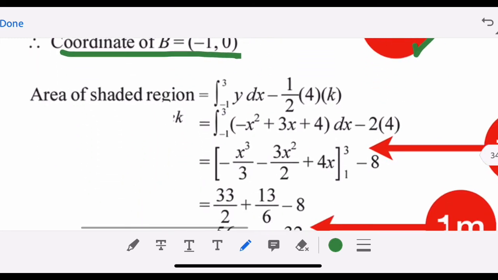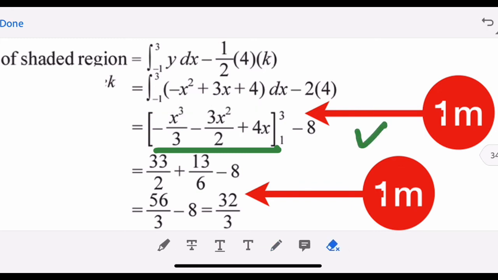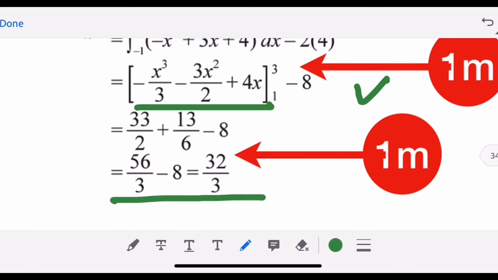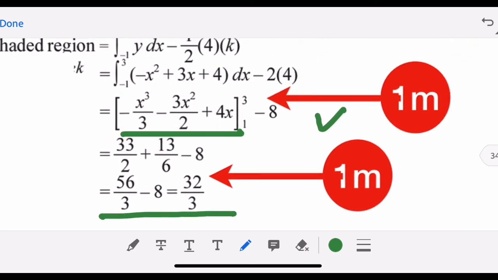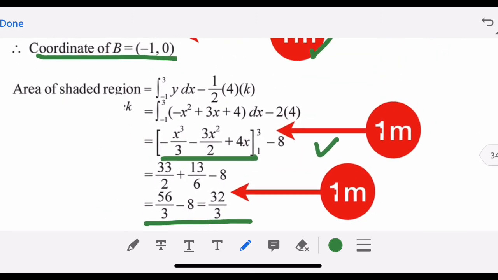And finally you integrate, you write like this and you integrate correctly, you are entitled to 1 mark. Then you minus the 8, you get the answer, and you get 4 marks. So that is how the marks are awarded to you based on the answer. That's all my sharing for this question. Till then, bye bye and have a nice day.